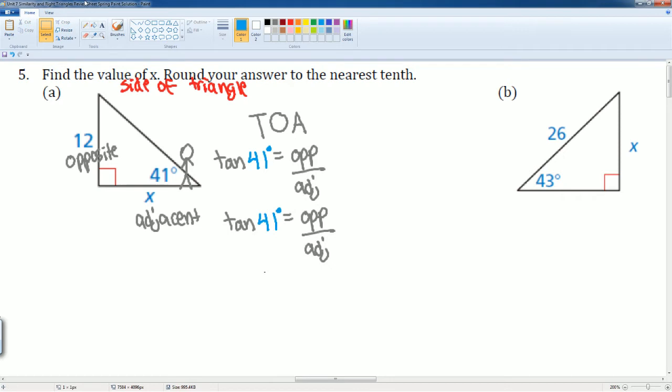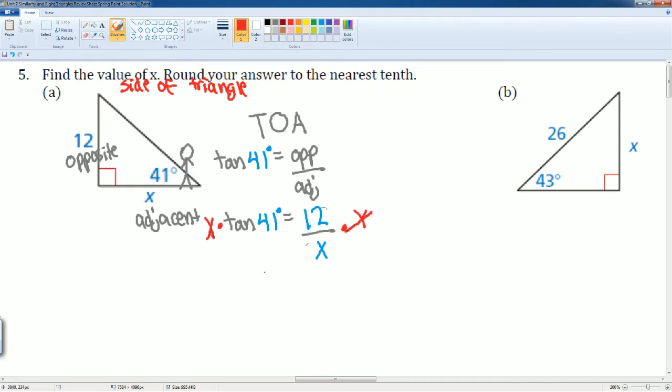Your opposite was 12, and then your adjacent, which is just x. Now we can solve. I'm going to multiply by x to both sides.